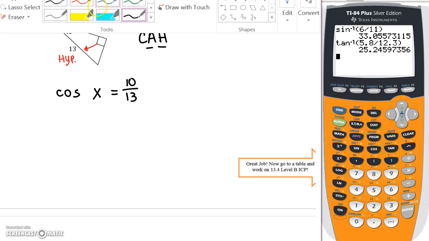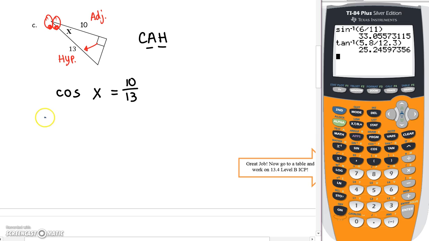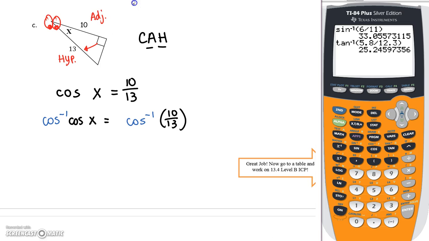And we're going to go ahead and do cosine inverse on both sides, making sure cosine inverses are on the left. Cosine and cosine inverse cancel out, leaving us with x equals cosine inverse of 10 over 13.